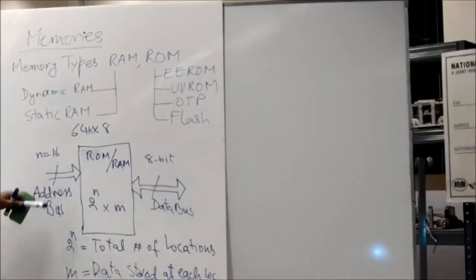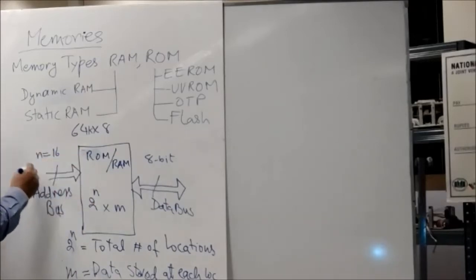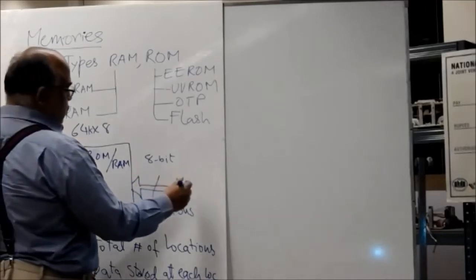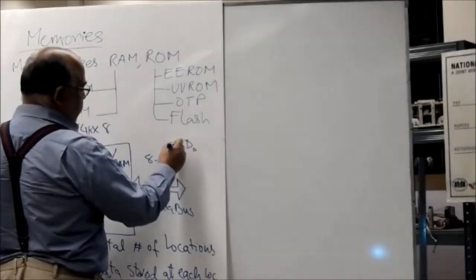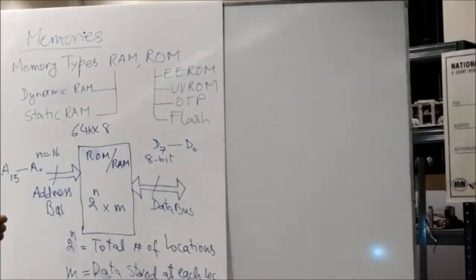So this is the address bus. There are 16 lines of address bus. If I pick up a ROM datasheet of this size, you will see pins which go from A0 to A15, and data lines which go from D0 to D7. The model is very simple.